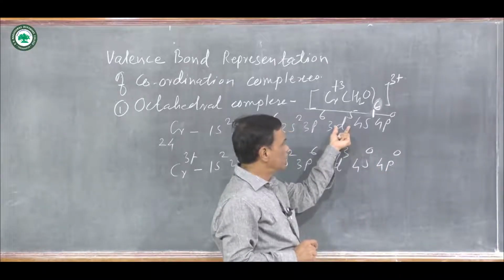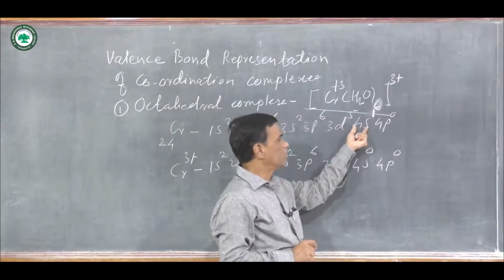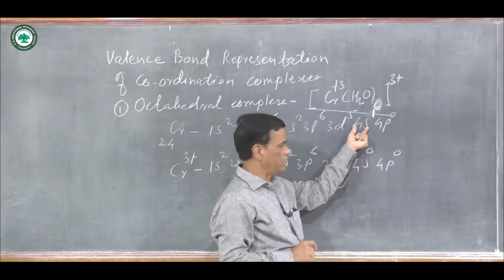From 3d, 2 electrons are lost, and from 4s, a single electron is lost.